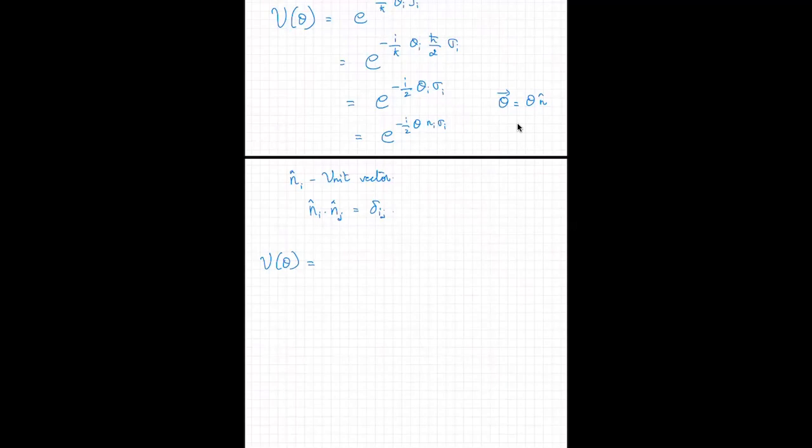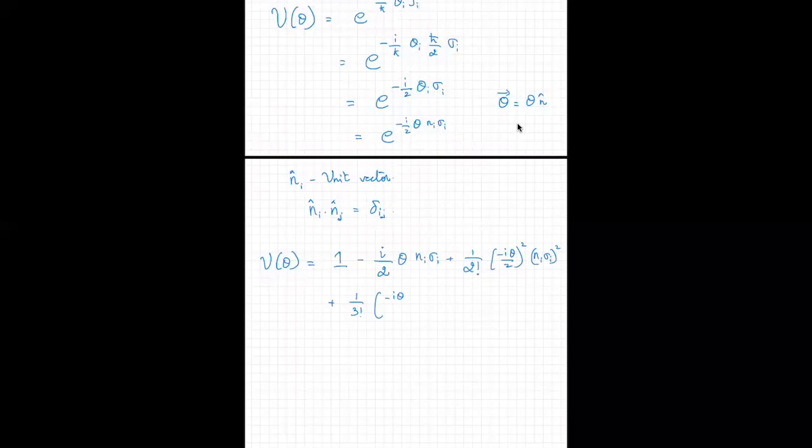Remember that sigma is a matrix. So if I expand this exponential out, each term would be a matrix. So I'll write this as, the first term is obviously 1, minus i over 2 theta n_i sigma_i, plus 1 over 2 factorial, (minus i theta over 2) whole squared, (n_i sigma_i) whole squared, plus 1 over 3 factorial. I'll write down a few terms so you see a pattern emerging.